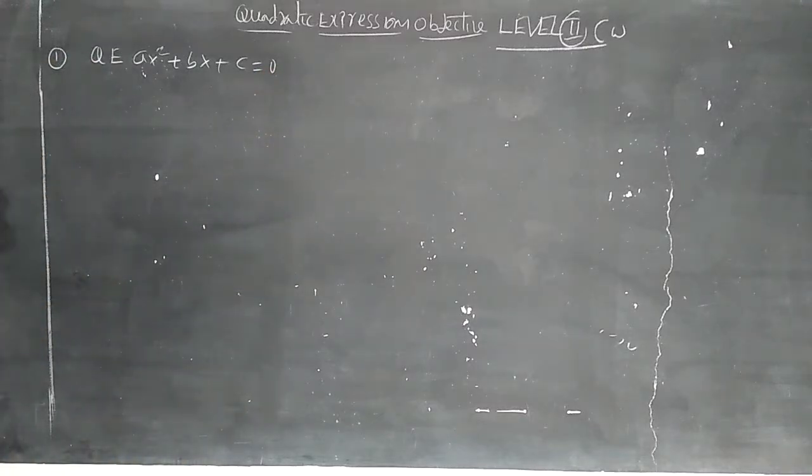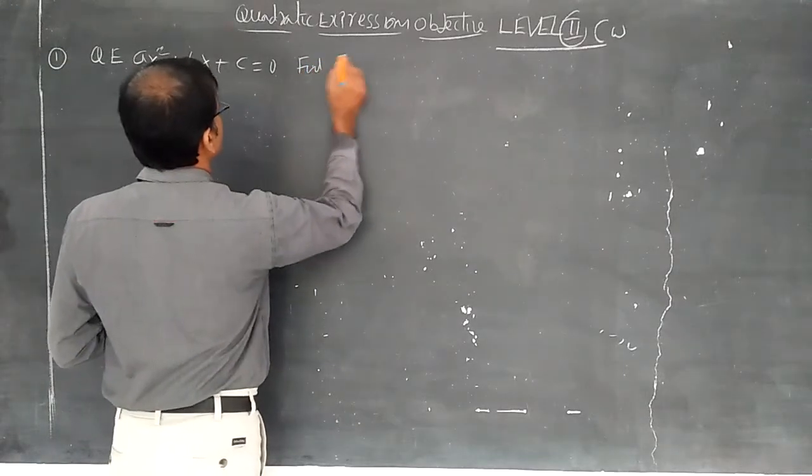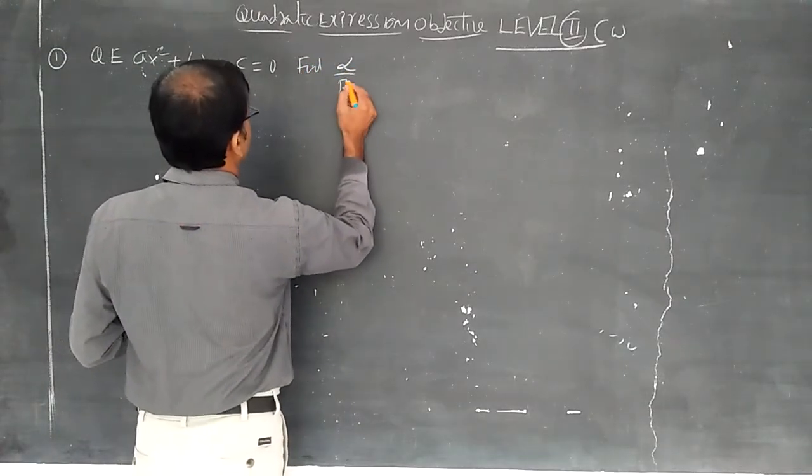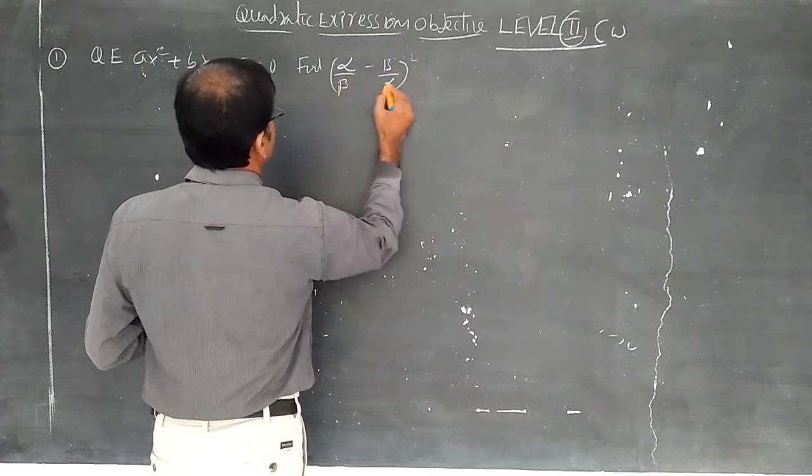If alpha comma beta are the roots of the quadratic equation, we should calculate alpha by beta minus beta by alpha whole square.